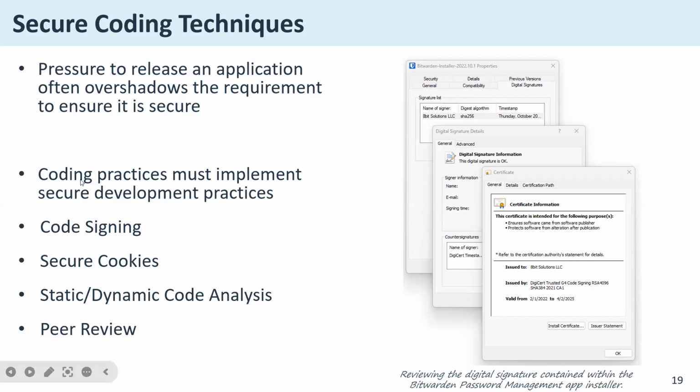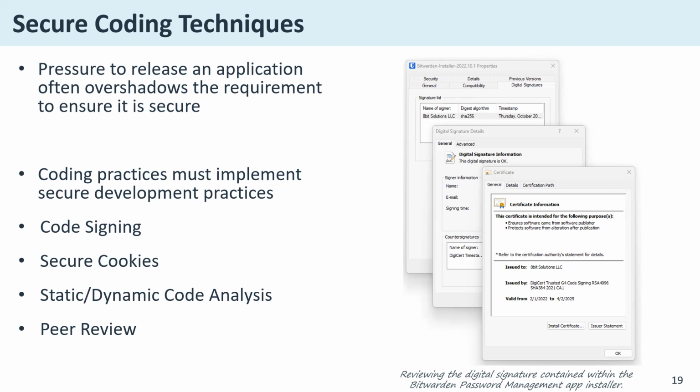So you want to implement good coding practice. You want to sign your apps, especially if you are pushing them to any of the stores. You want to have secured cookies. You want to do static and dynamic code analysis. Static analysis is where you pick a script, or a section of a code, and you analyze it to see if there are flaws.